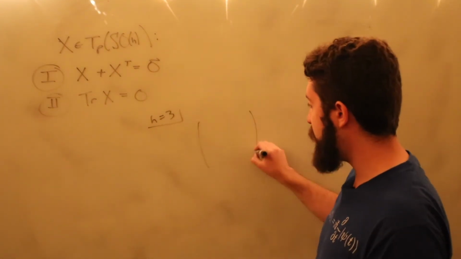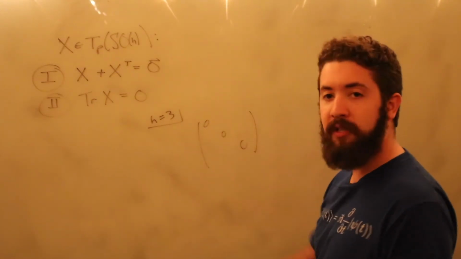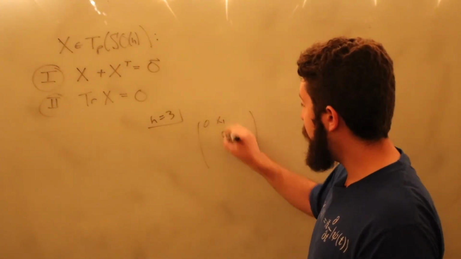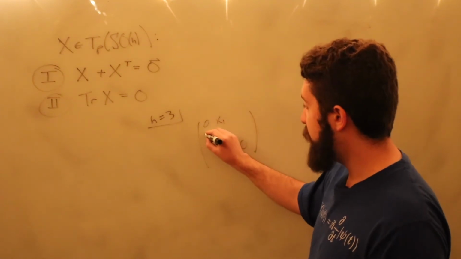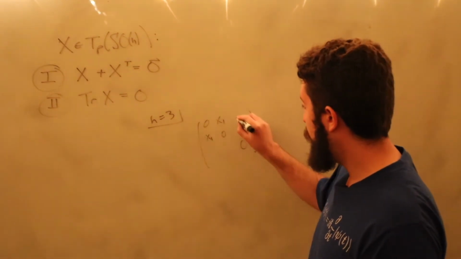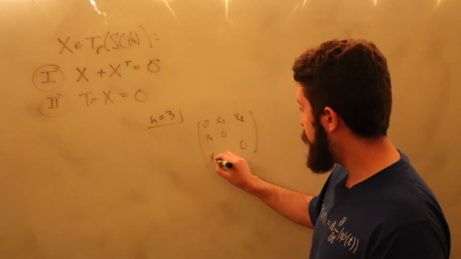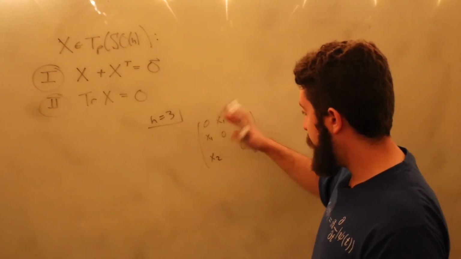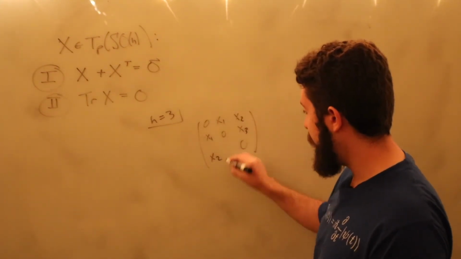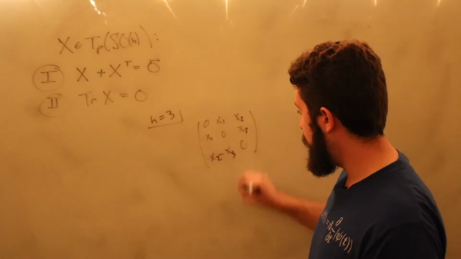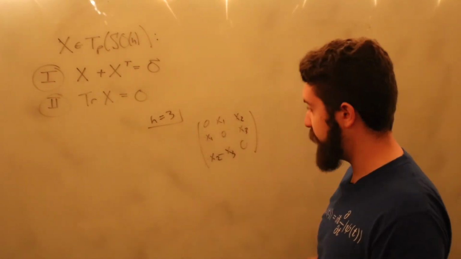So for n equals 3, again, it's going to be zeros all through the diagonal. And then we have x1, and this determines the entry over here. We have an x2, which determines the flip entry there. And then x3. And these are all the negatives of those three.